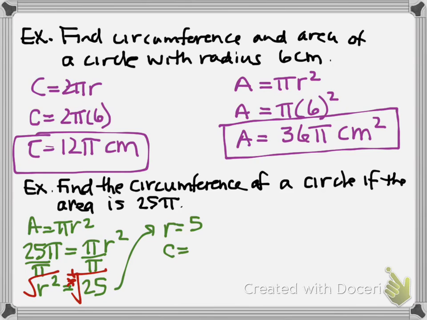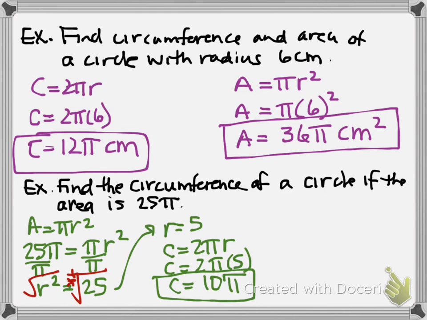So circumference is 2 pi r. And I get 2 pi times 5. And I get the circumference is 10 pi. Now this problem did not give me any labels, so I'm not going to have any labels. So the ultimate answer to this problem is circumference equals 10 pi. That's what you guys get to work on.